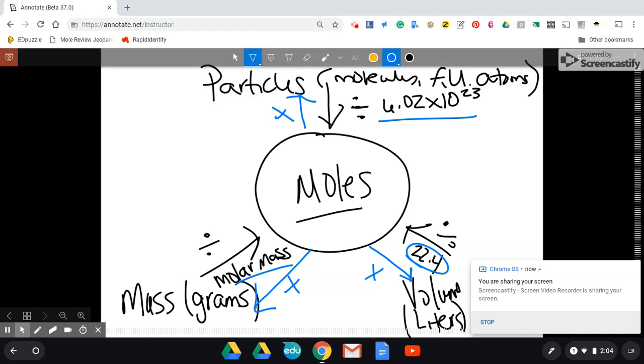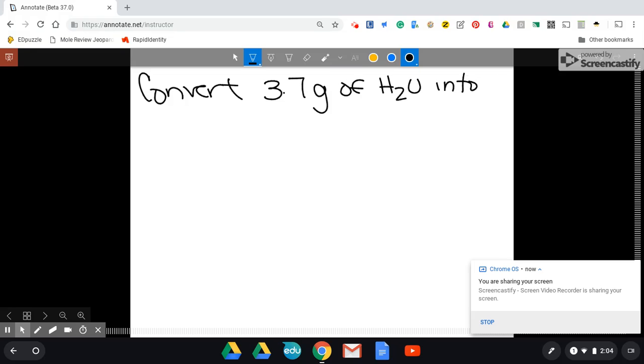So here's the next thing. Let me start with a problem. Convert 3.7 grams of water into liters of water.